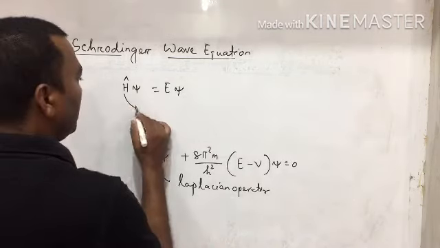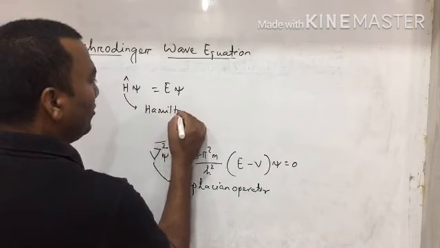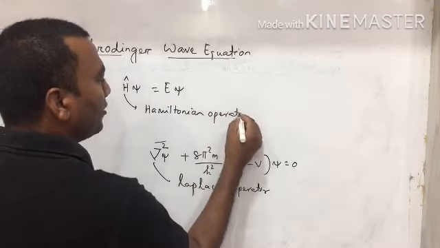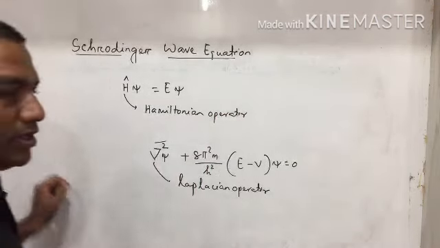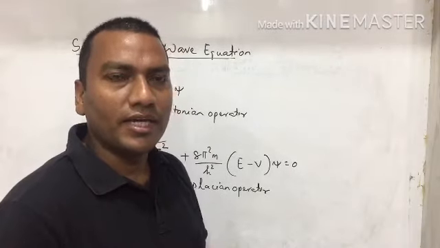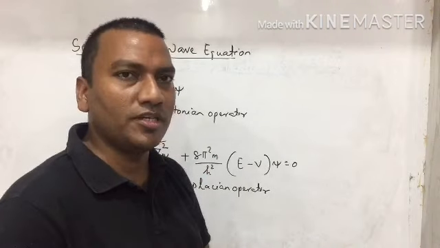Here this H cap is called the Hamiltonian operator. So you will remember the Schrödinger wave equation in one direction, and the Schrödinger wave equation in 3 directions, the double derivative equation.